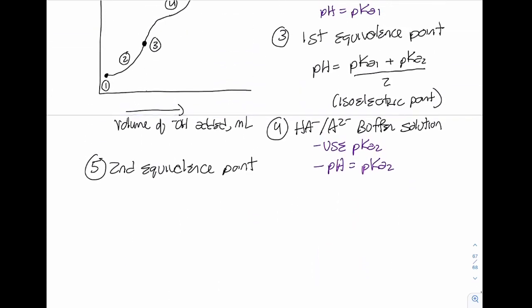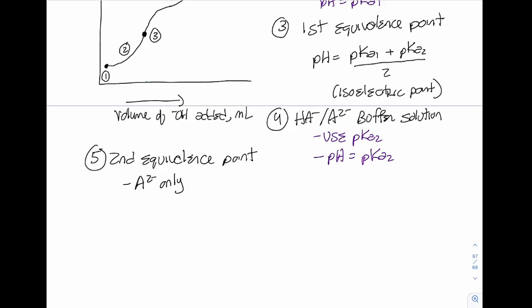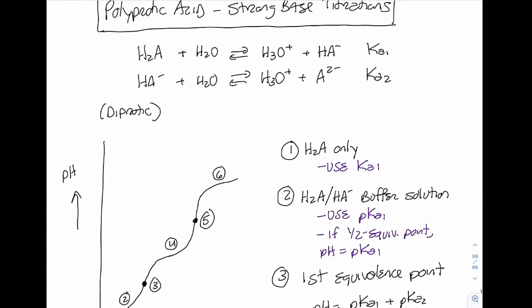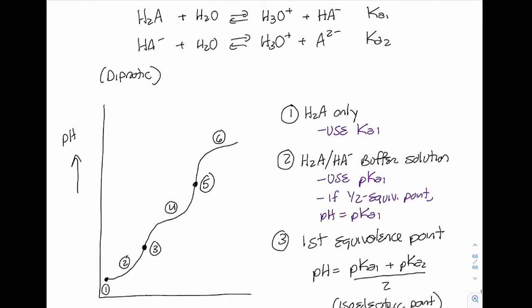I'm back up to write this. I have A2 minus only. And essentially you're going to use Kb, but you need to get that Kb from Ka2. If we go back up and look at this, Ka2 is the one for the reaction that involves A2 minus. So you need to use this Ka2, divide that into Kw to get the Kb that you need for this step.